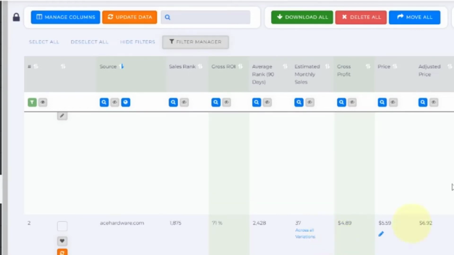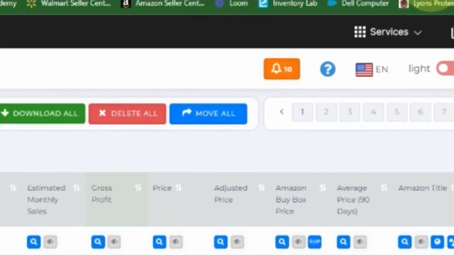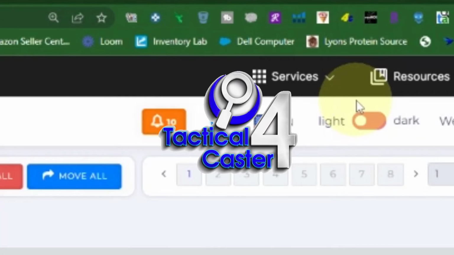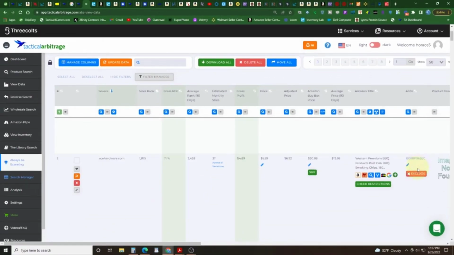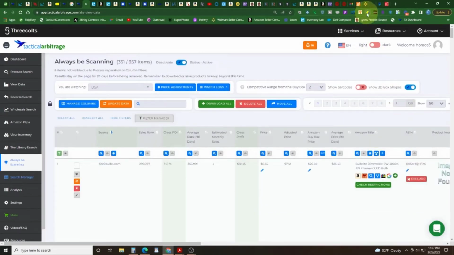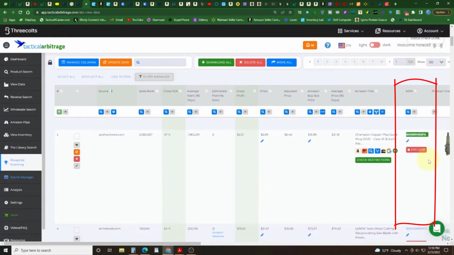Now, here's how I do it. The first thing I do up here, you're going to notice this 4C, that's Tactical Forecaster. The first thing I do is click on that. And as soon as I click on it, watch the ASIN column, right? As soon as I click on that, the ASIN column is either going to turn green or red.